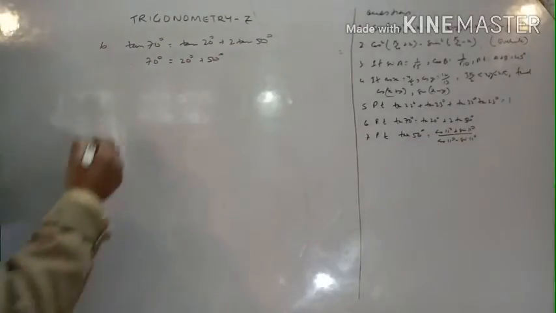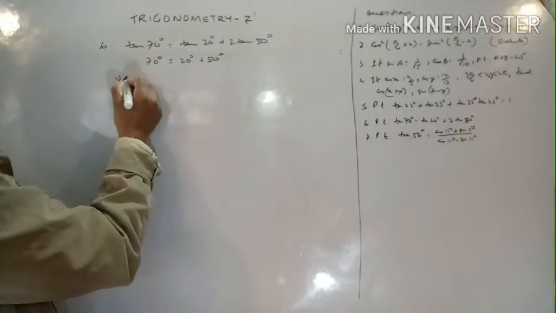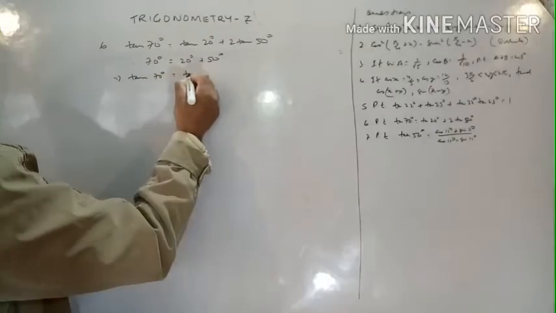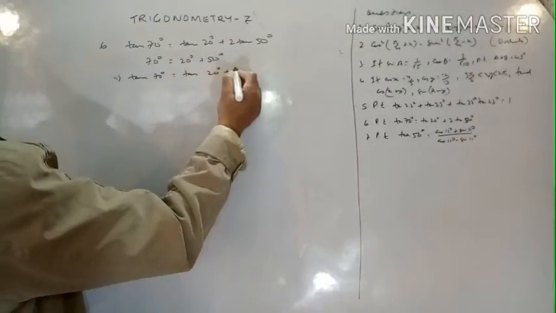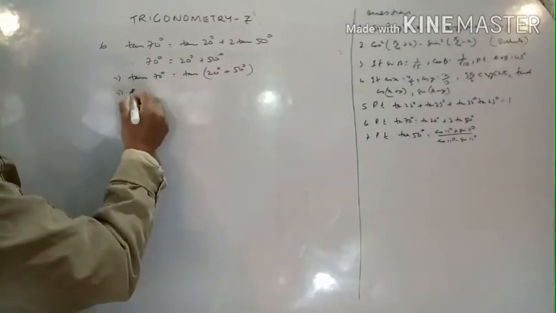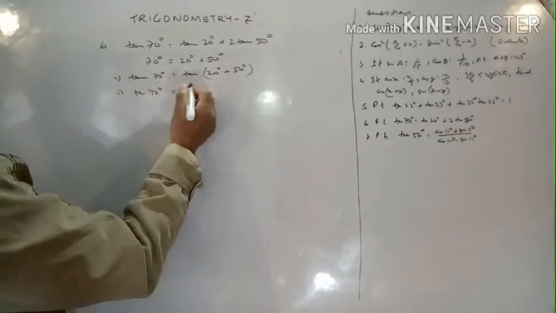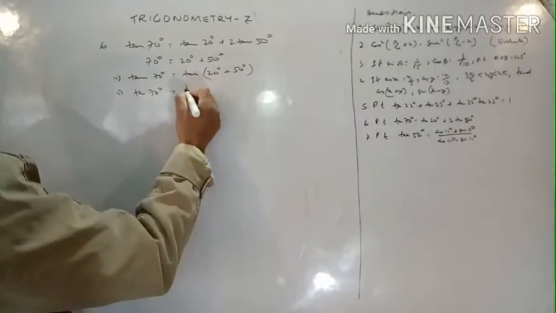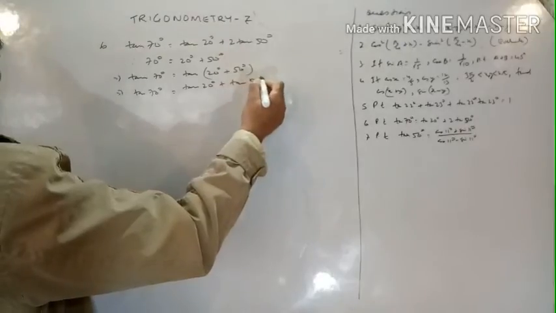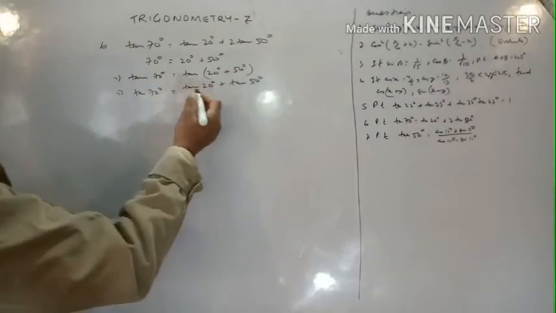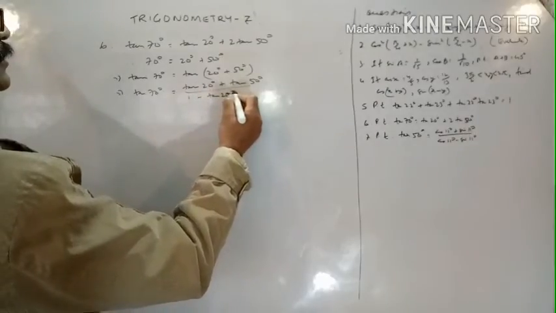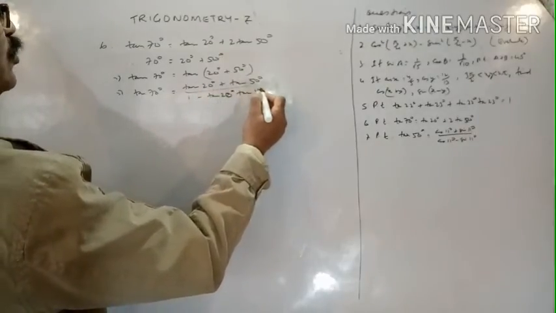Since the ratio is tan, we take tan of both sides. So tan 70 degree equal to tan of 20 degree plus 50 degree. This implies tan 70 degree is equal to, by the tan A plus B formula once again, tan x plus y equals tan x plus tan y over 1 minus tan x tan y.